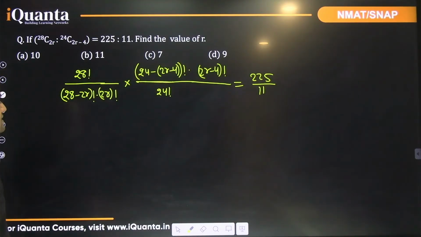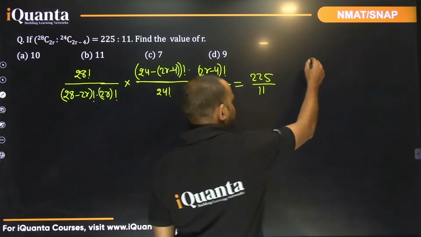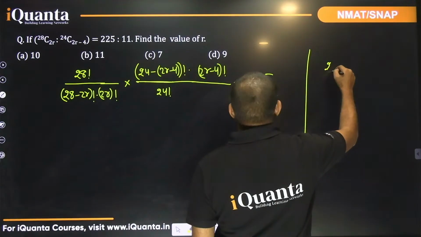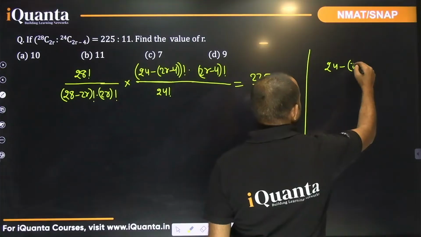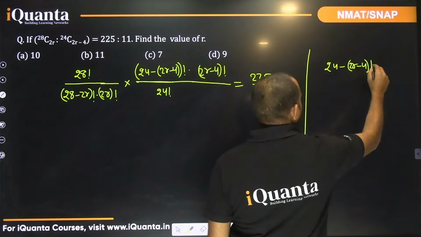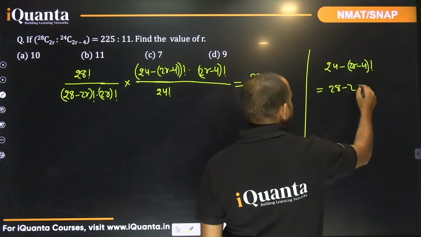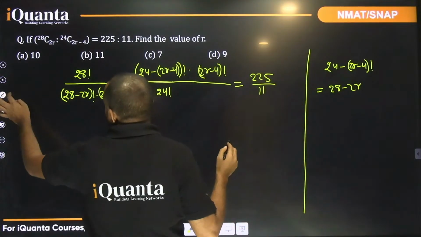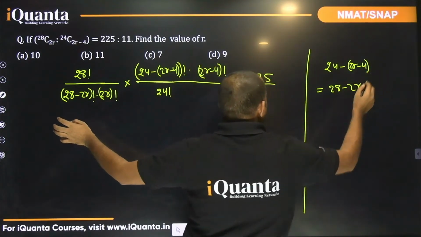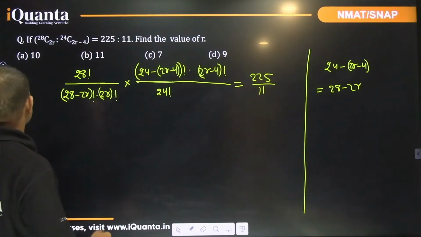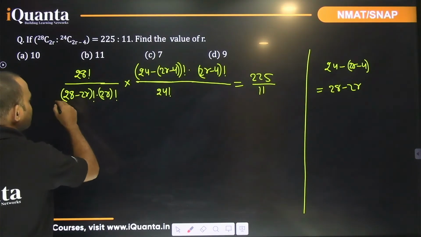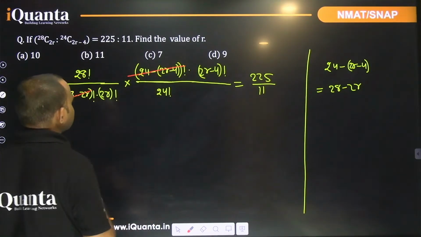So can I say 24 minus 2R minus 4 factorial, 4 is nothing but 28 minus 2R, right? So can we cancel this out? We can cancel out this by this, right?